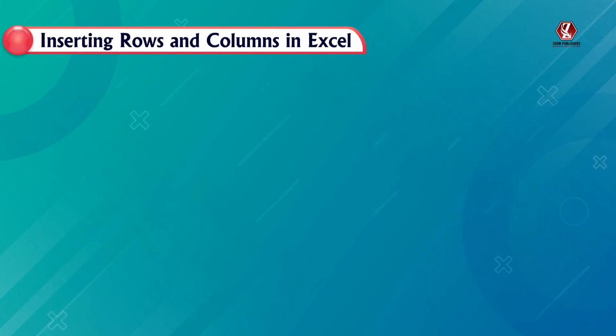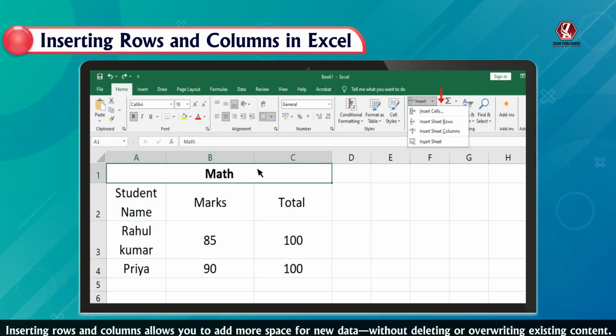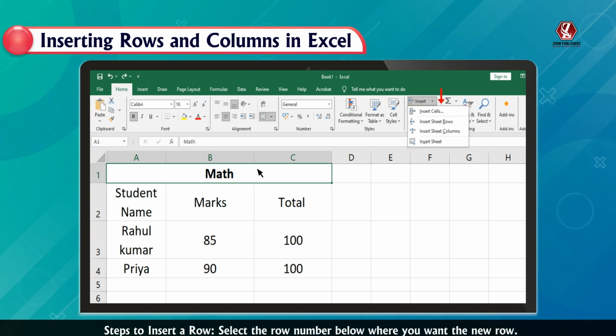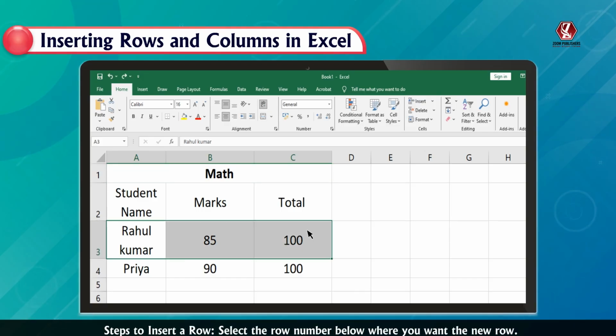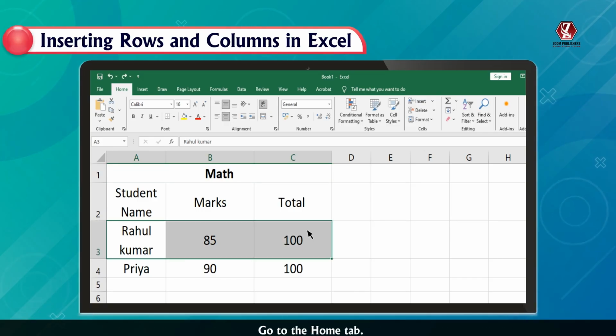Inserting rows and columns in Excel. Inserting rows and columns allows you to add more space for new data without deleting or overwriting existing content. Steps to insert a row. Select the row number below where you want the new row. Go to the Home tab, click Insert in the Cells group, choose Insert Sheet Rows.